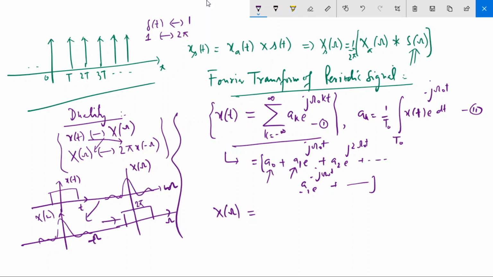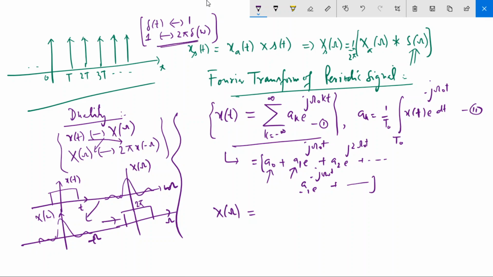This will be 2 pi into delta(omega), isn't it? It means if you have a constant signal, how does it look in the frequency domain? You have just one impulse at omega equal to 0. Of course, it would be minus, but since the impulse signal is symmetric, delta(omega) is equal to delta of minus omega.